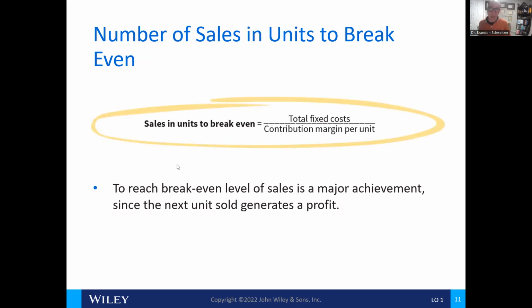In understanding break even, we look at it both from a perspective of number of units and sales dollars. When we look at it in terms of number of units, we take the total fixed costs and divide that by the contribution margin per unit. This tells us the level of sales needed to break even in terms of units.